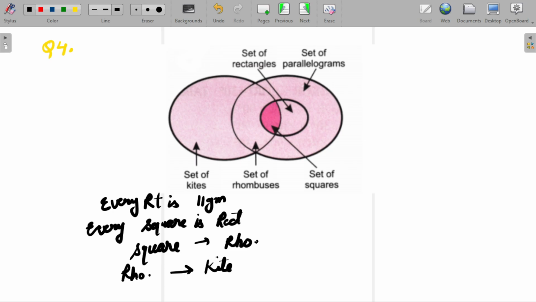This is what we know, right? So look at the Venn diagram.